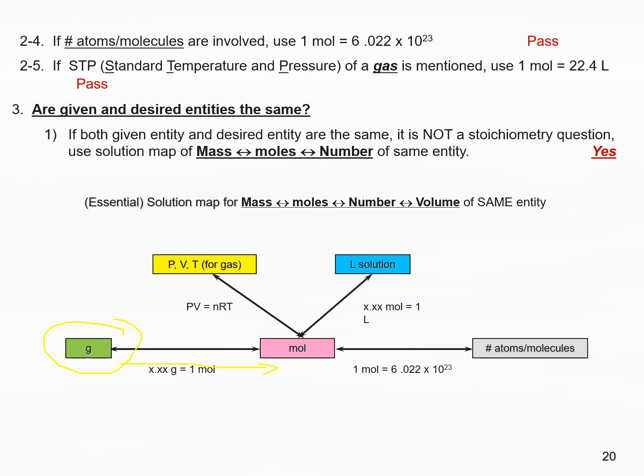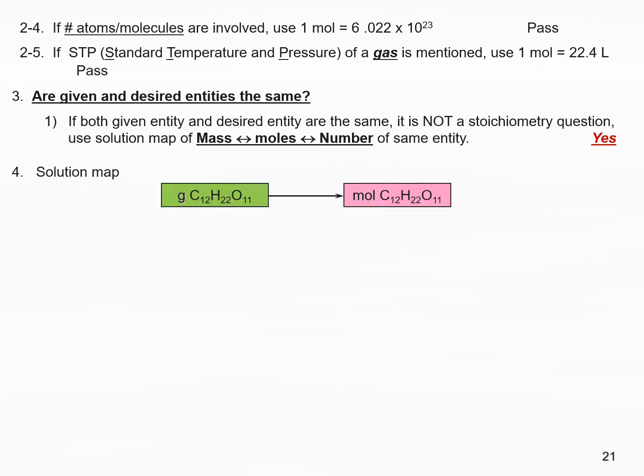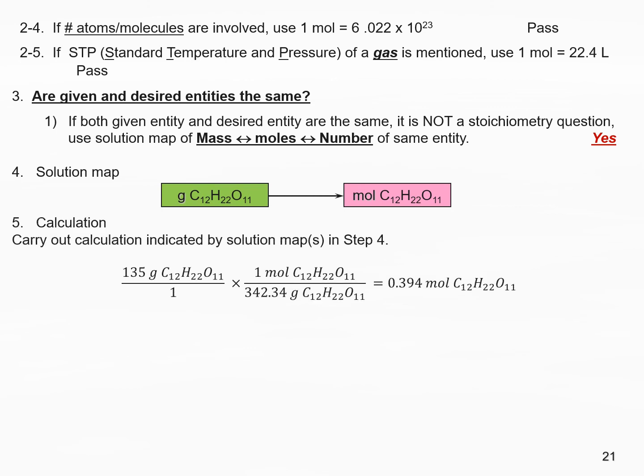So that's very simple, just one step of conversion. So the solution map is a simple one step conversion from grams to moles. Carry out, so we figure out that's 0.394 moles of the substance. And moles divided by liter, that's what the molarity is. So that's a 0.292 molar, M-O-L-A-R, sucrose solution.